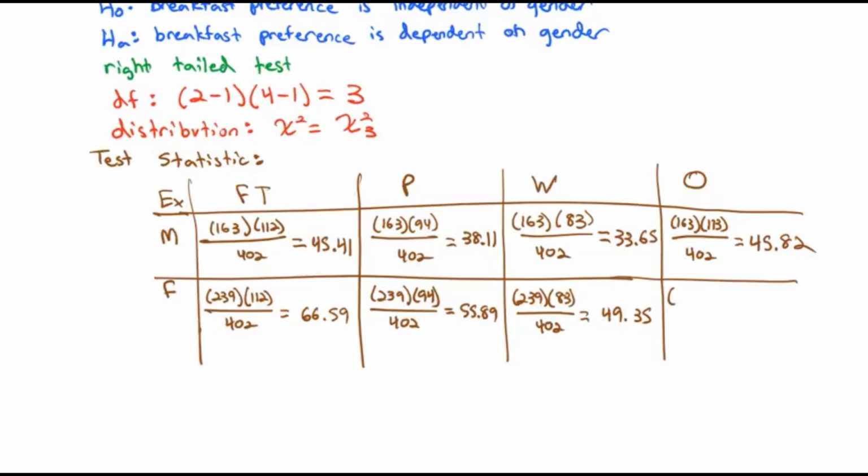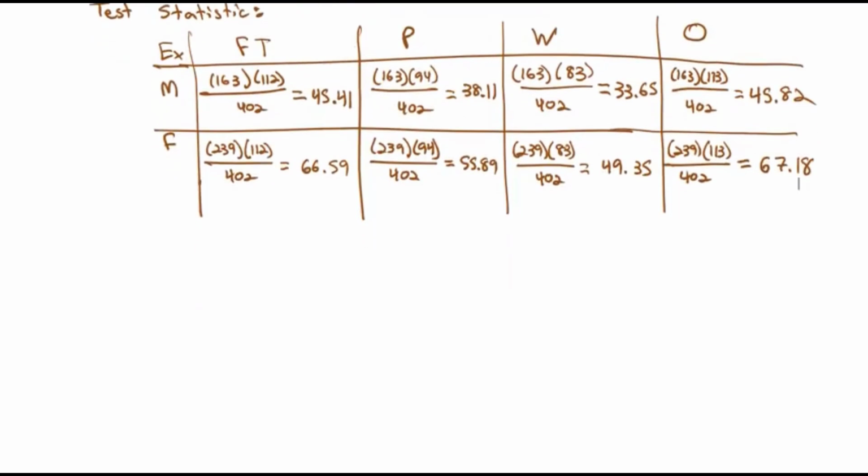And finally, with the omelets, the row total is 239. The column total 113 divided by the total of 402. The expected number of omelets for females is 67.18. So we've got this second table that demonstrates for us all of the expected values based on the row totals and the column totals.